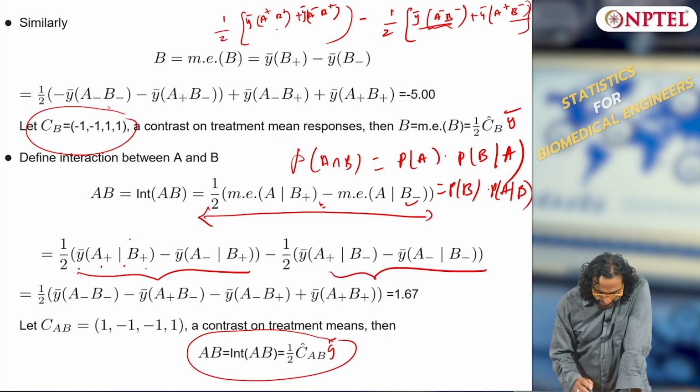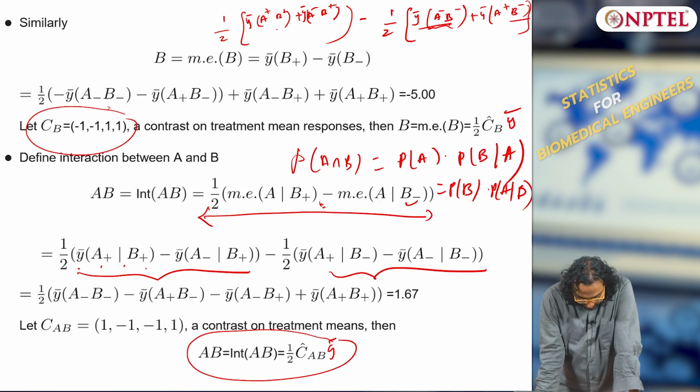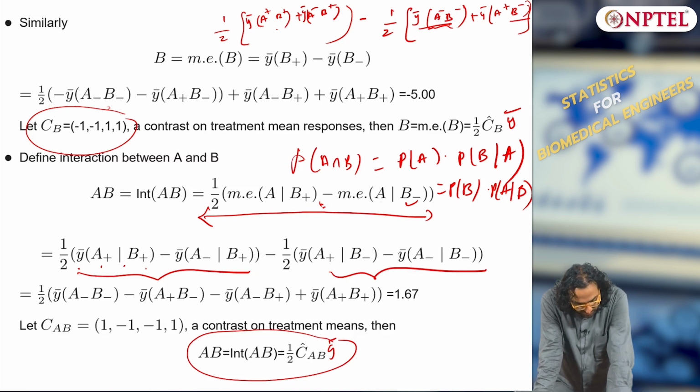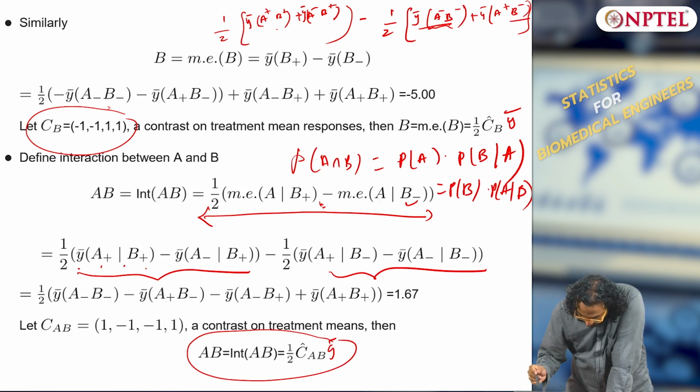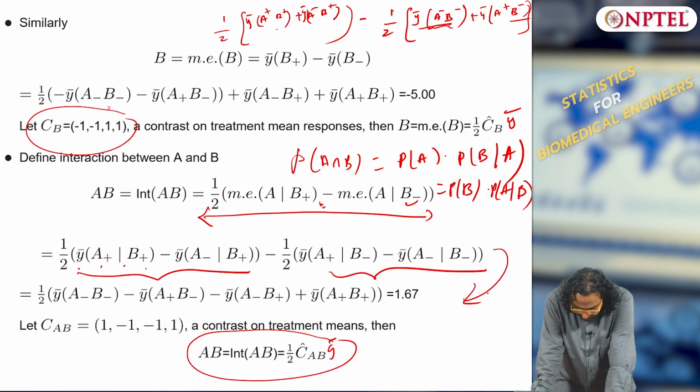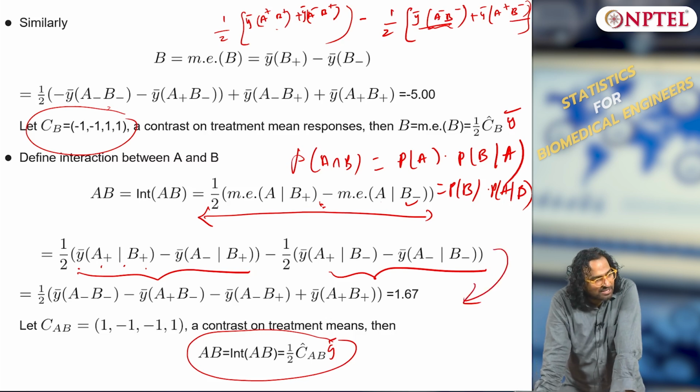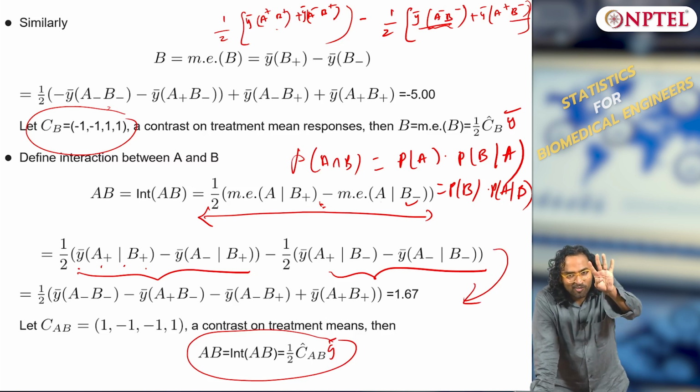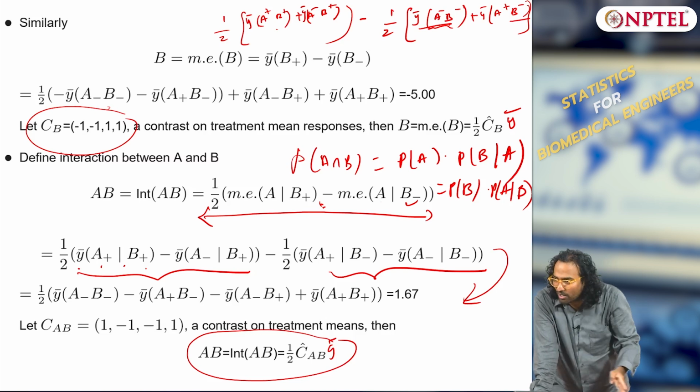Now how do I expand this? A plus given B plus, how do I expand this? How do I go from this equation to this equation? It is only a single term, there is nothing difficult here, because there are only 4 combinations, all 4 are here.